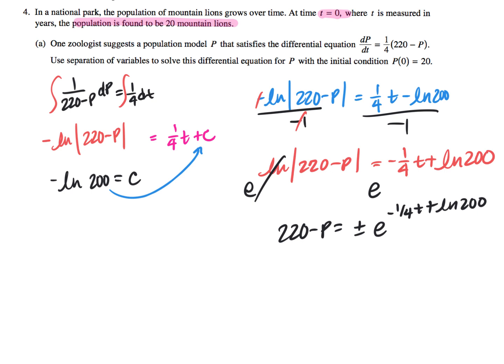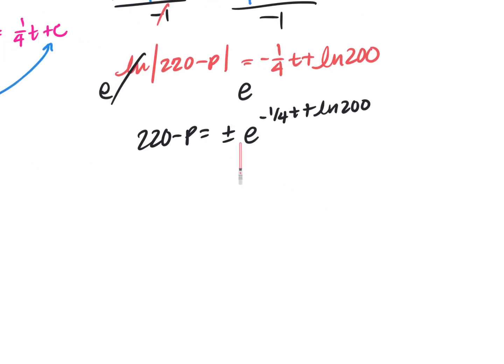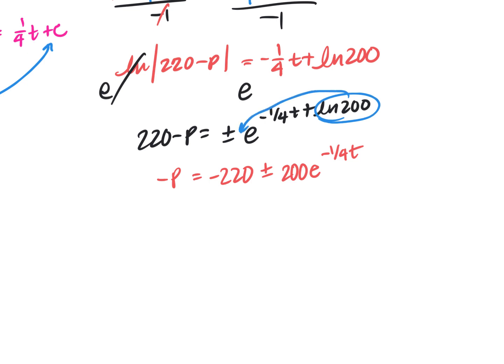So if you bring it down, does it have to be plus or minus 200? Exactly, it'll go in front of the e between the plus or minus. So I'm going to go with what was said last time, to subtract the 220. So I got a negative 220 plus or minus 200 e to the negative 1/4 t. So that's how we'd write that.